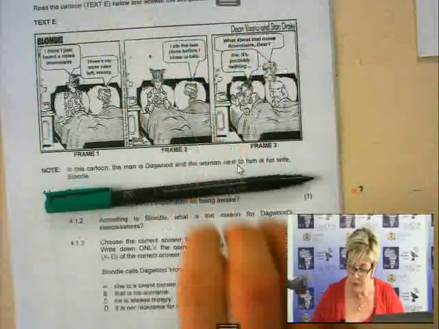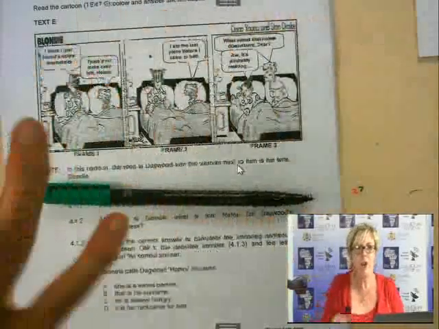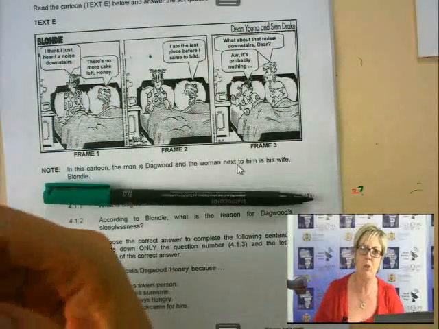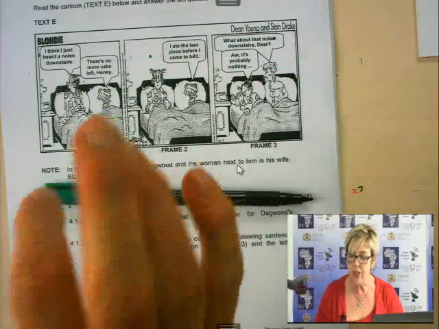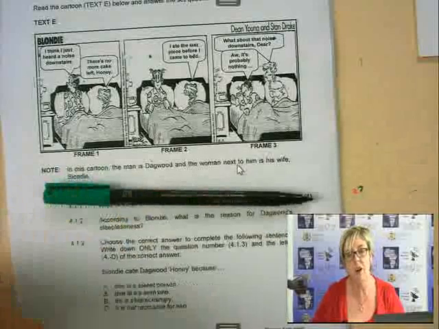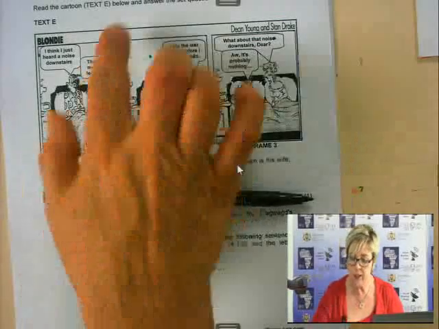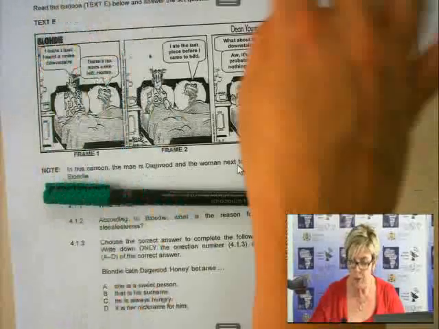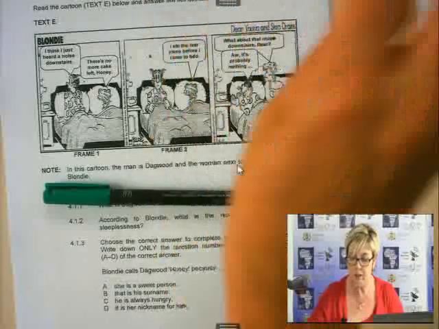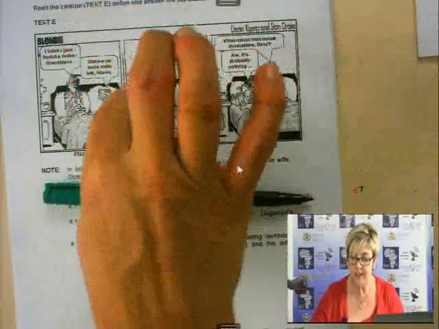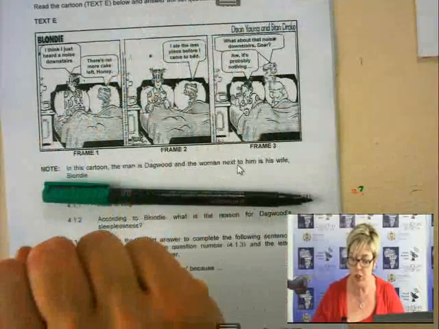Now let's see. They normally give you an idea. If you don't know the cartoon, everybody doesn't know all the cartoons and all the cartoon characters, so they have to identify the cartoon characters. So in this case, they say for multiple choice, only write down the question number and the letter you choose. They say this is text E, read it and then answer the questions.